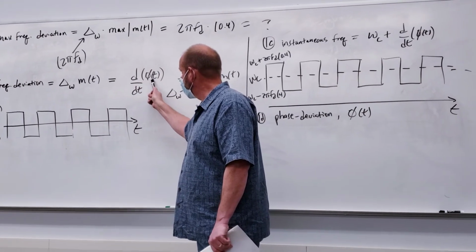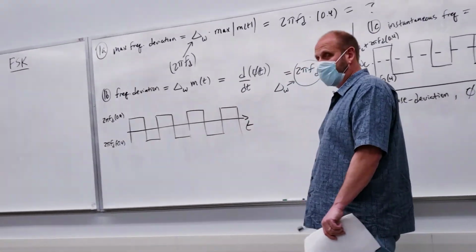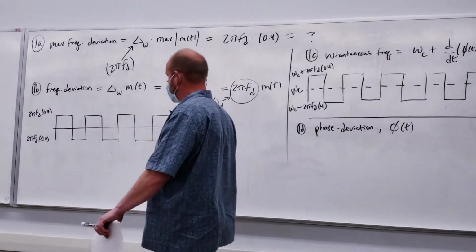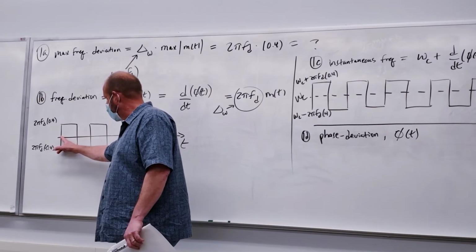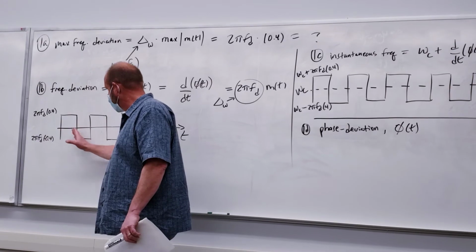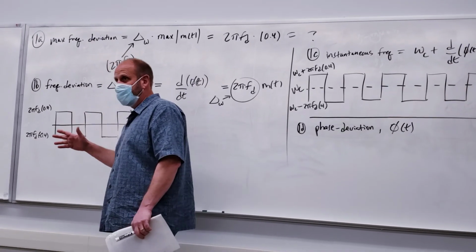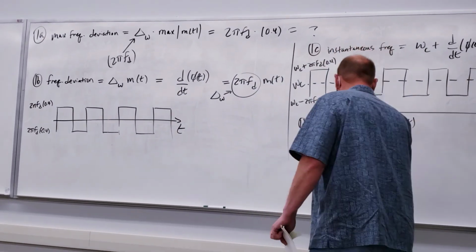If we just want the plain phase deviation, we got to back this derivative out by taking the integral of that guy. And you can kind of see what's going to happen here. As we take the integral over this positive part, we're going to go up to a peak, and then as we go over the negative part, it'll go back down to 0 again. So we have, like, a triangle wave again. We've kind of seen this before, haven't we?